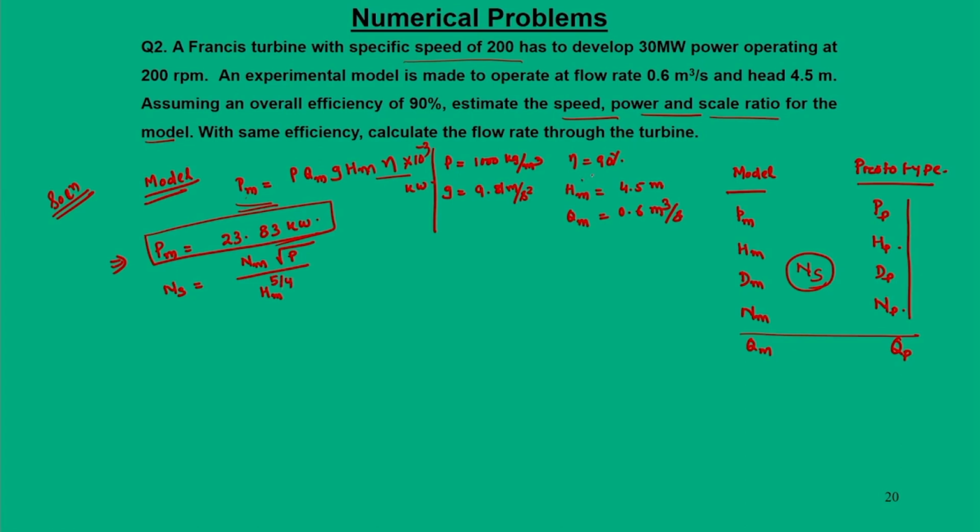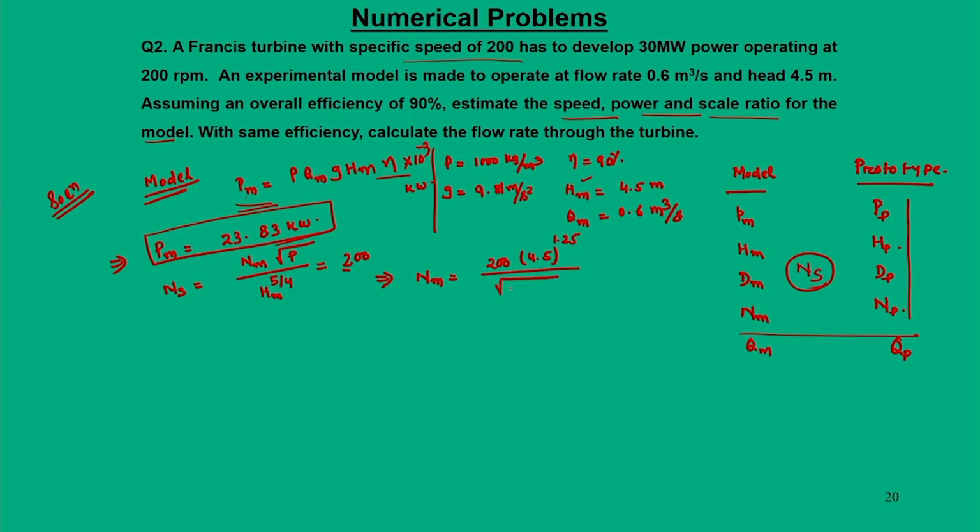So, Hm is known, and that number is 200. So, this will give you Nm is equal to 200 into Hm. Hm is 4.5 to the power 1.25, that is 5 by 4 is equal to 1.25.